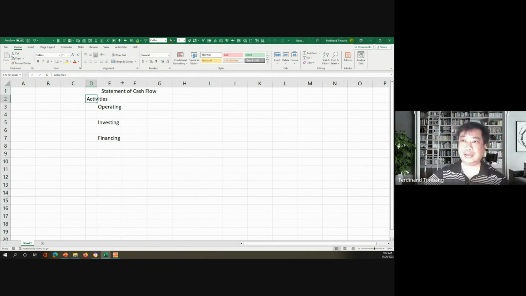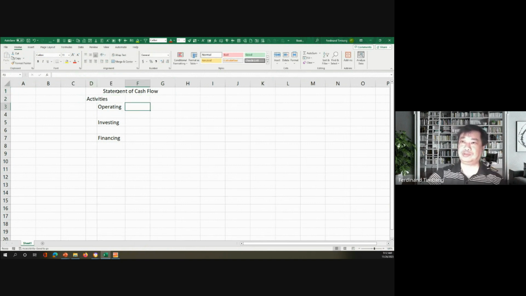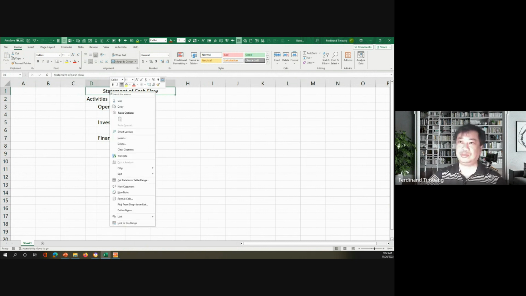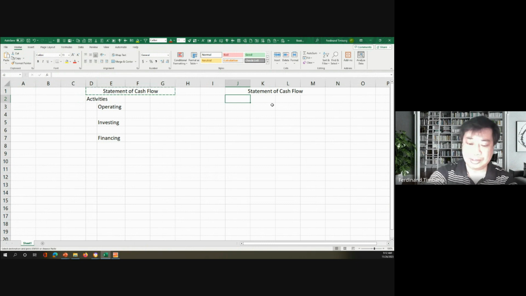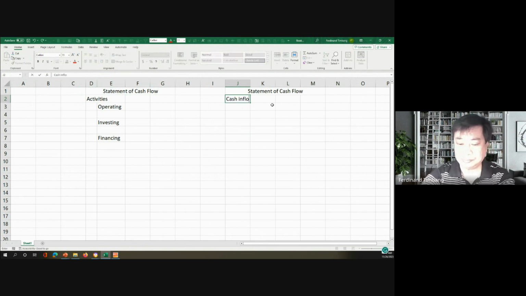So, yung operating activities, even for the statement of cash flow, practically, it only shows the receipts and the disbursements. Practically, we are only analyzing the cash inflows and outflows. Cash inflows and the cash outflows.